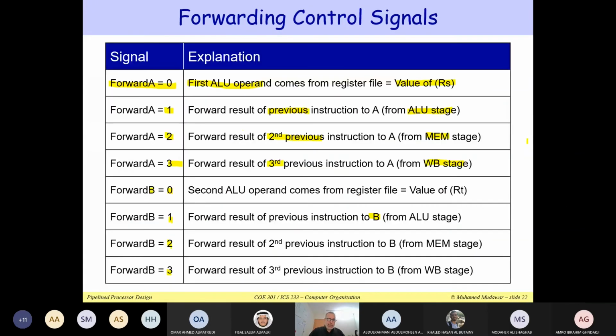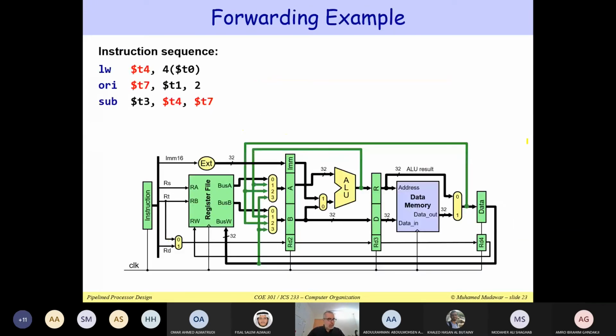I have an example that explains how forwarding works. So let us take a look here at these 3 instructions. So I have load, I have or immediate, and I have subtract. So this is my sequence. Now, clearly, you can see that this subtract instruction depends on the load, and this subtract depends on the or immediate.